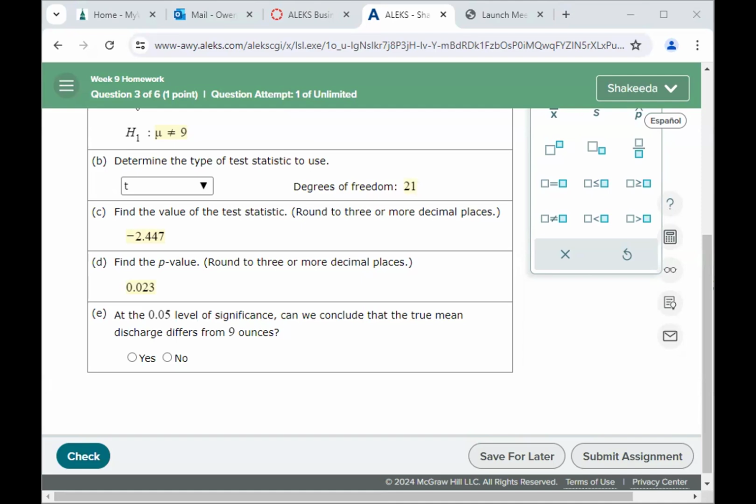Is that less than 0.05? In that case, you're going to reject the null. I'm rejecting the null, which says I'm accepting the alternative. So yes, it's true.